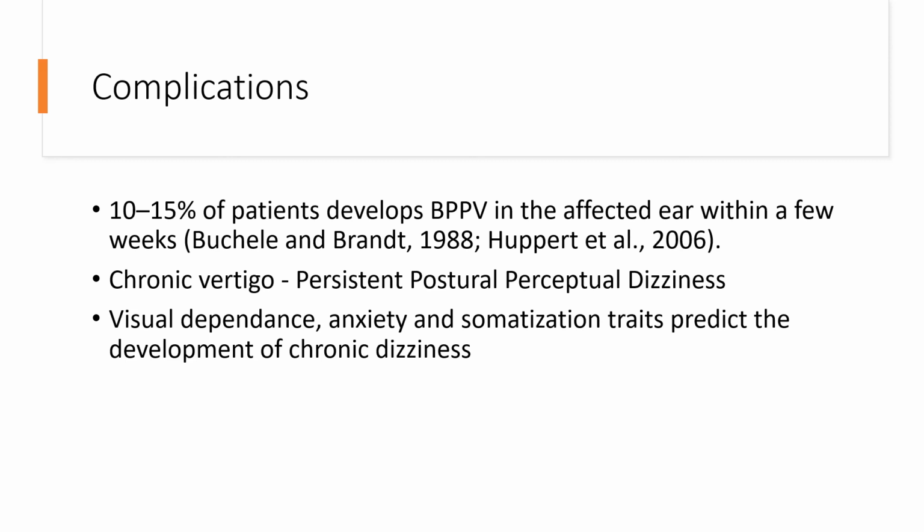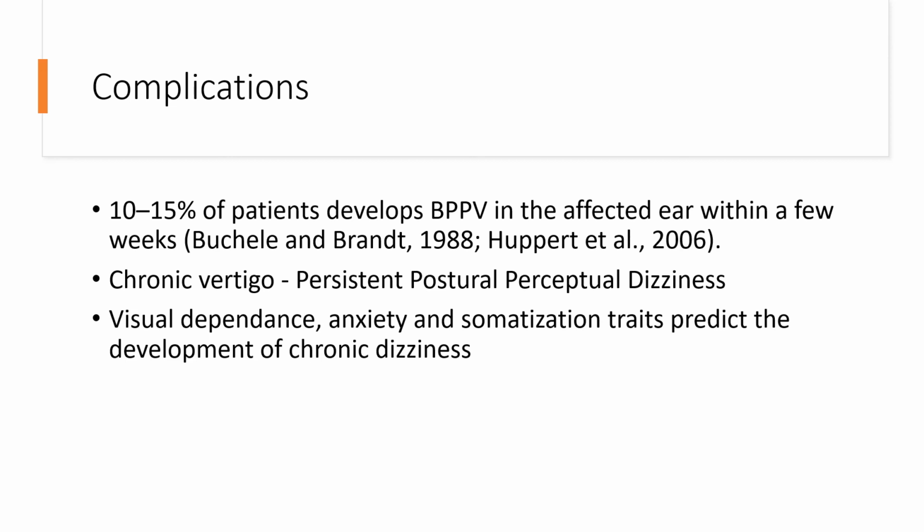However, some patients do develop chronic vertigo. They develop persistent postural perceptual dizziness. This is important because this consists of a huge chunk of patients in the vestibular clinic. So who are these people who develop chronic vertigo?